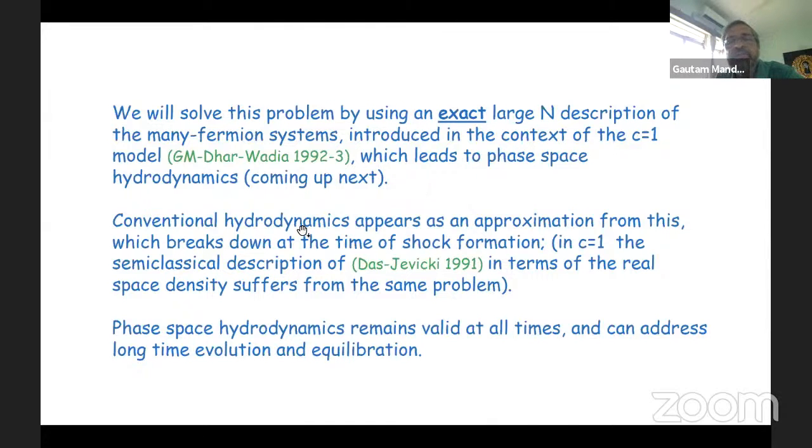Conventional hydrodynamics, in fact, appears as an approximation from this, which we'll try to explain, which breaks down at the time of shock formation. In C equal to 1 also, the conventional hydrodynamics does appear as a semi-classical description of the collective field formulation of Sachdev-Ye-Kitaev, which discusses real space density instead of phase space density.